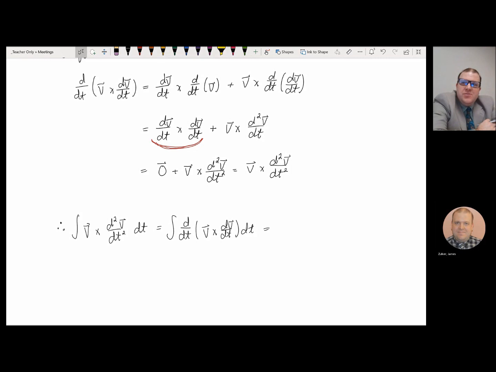It's the opposite of a derivative. So if you take the antiderivative of a derivative, you just get the original function, plus some constant vector. And there's our antiderivative.